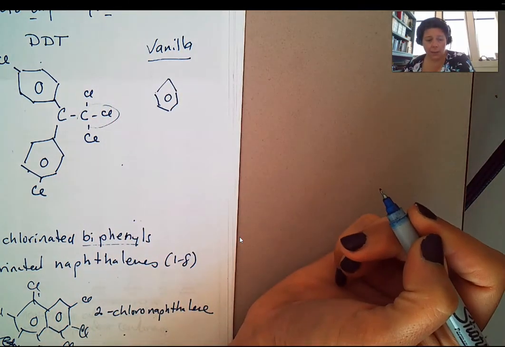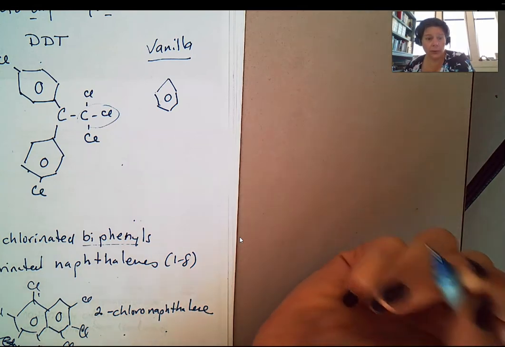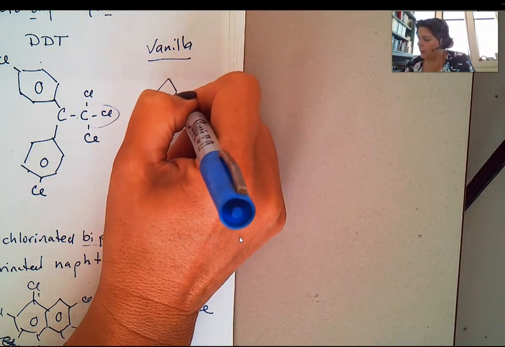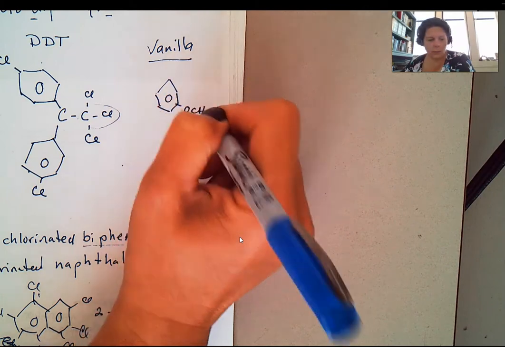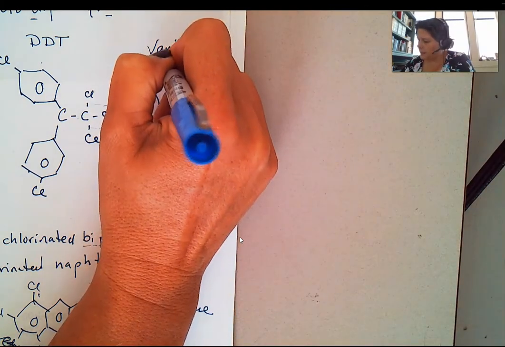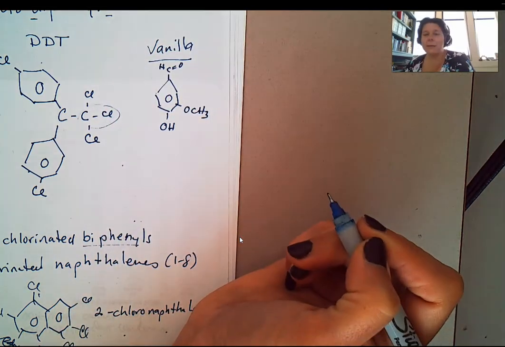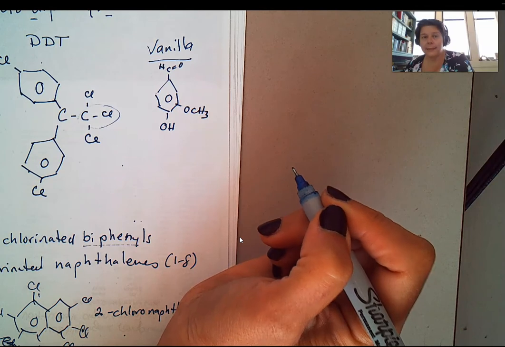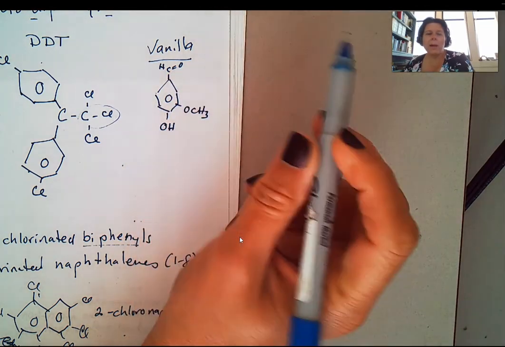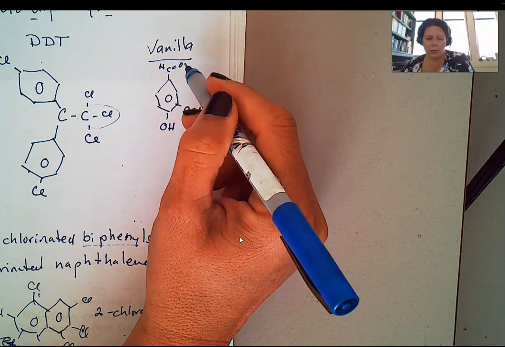Vanilla is an organic compound, because remember we talked about it being aromatic and it has a smell to it. It's got OCH3 over here, an OH group here, and then a C double bond O H onto it. So that is vanilla. When this was on my bottle, I started going, okay, that's a phenol group.